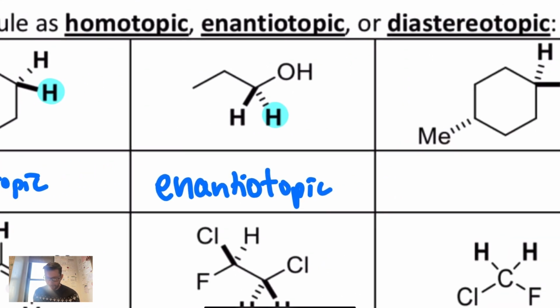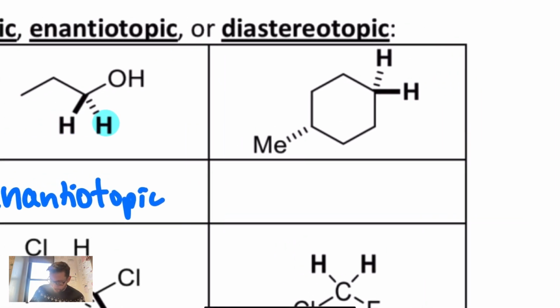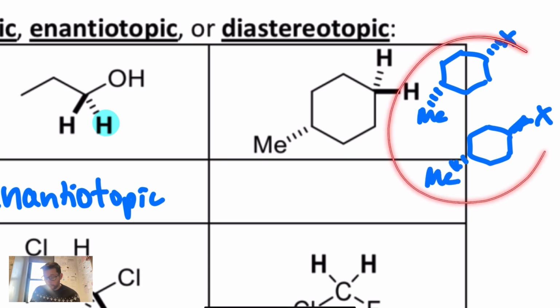How about the last one? This one is a little bit trickier. I'm going to draw two different structures to really drive home what we're doing here. Let's pretend I replace one of these two H's they're asking about with a different group, and then I'll redraw the molecule. Let's call it an X. Now I'll pretend I'm replacing the other H with that new group, an X. The key is, how do these two imaginary structures compare with each other?